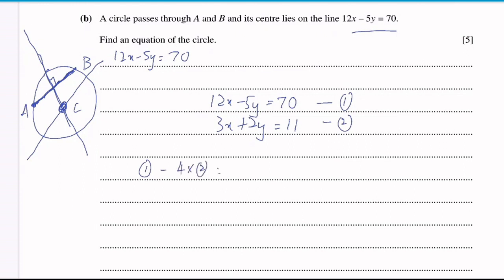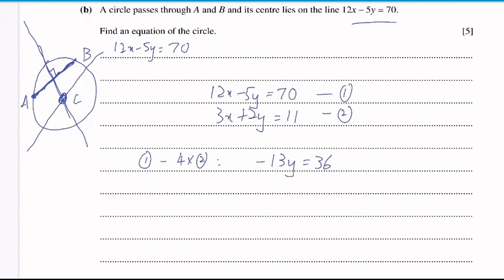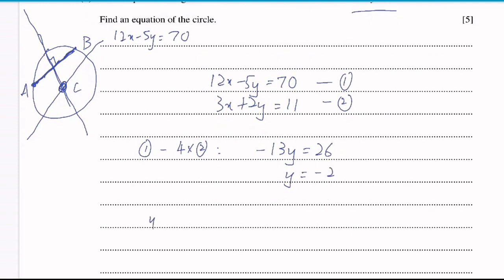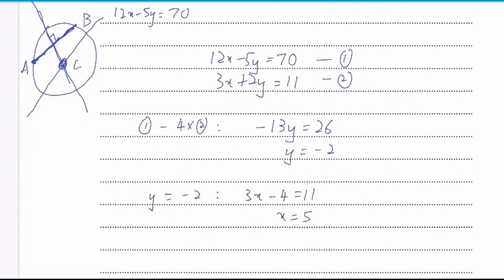That gives us negative 13y is equal to 26, sorry. So y is equal to negative 2, and we can solve for x from there. So 3x minus 4 is equal to 11, so x here is 5. So the center has the coordinates (5, -2).